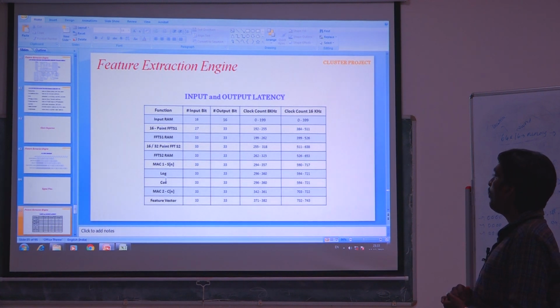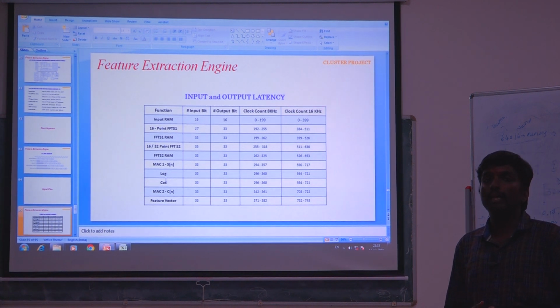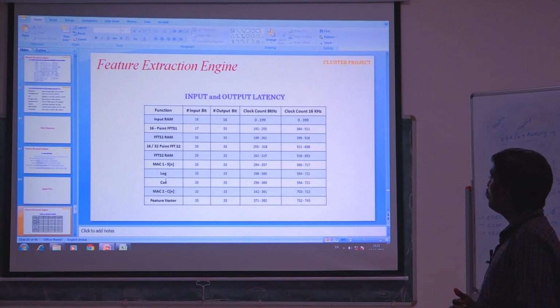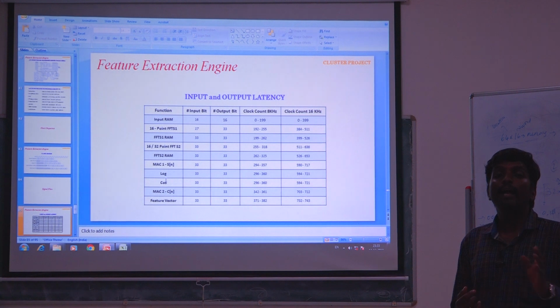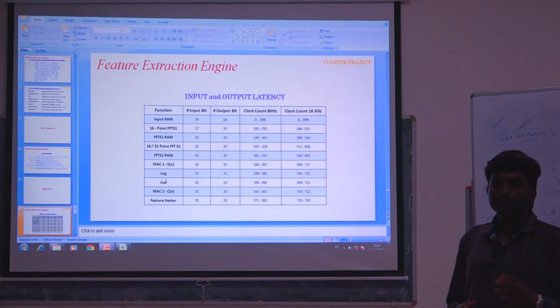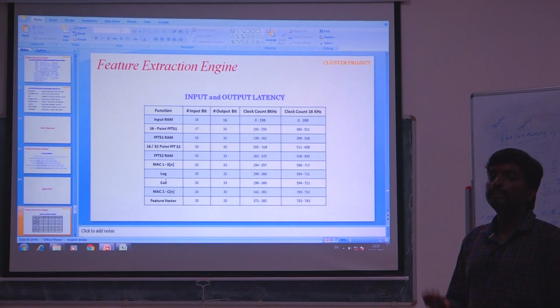For the 16-point FFT stage 1, it will start operation at the 192nd clock cycle and go till 255, since 64 clock cycles are required to complete the entire FFT computation, and then an extra 16 clock cycles for the other control to initialize the values.